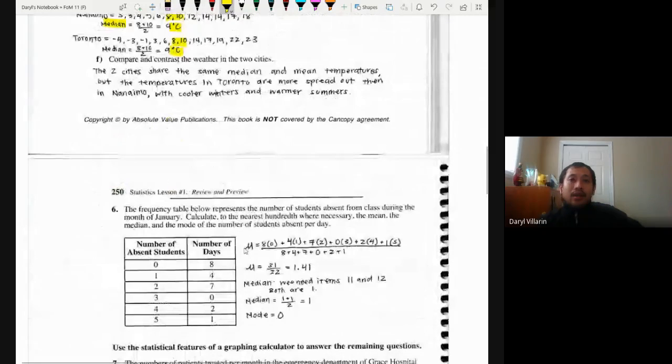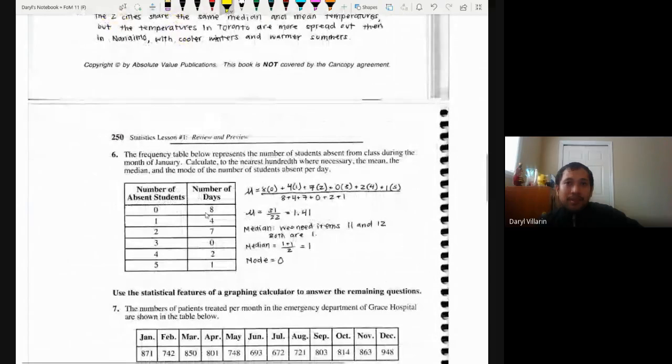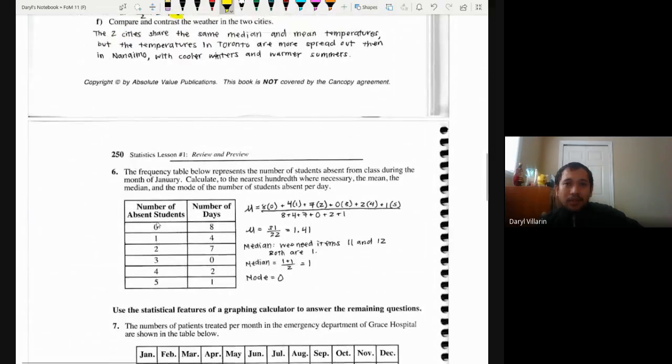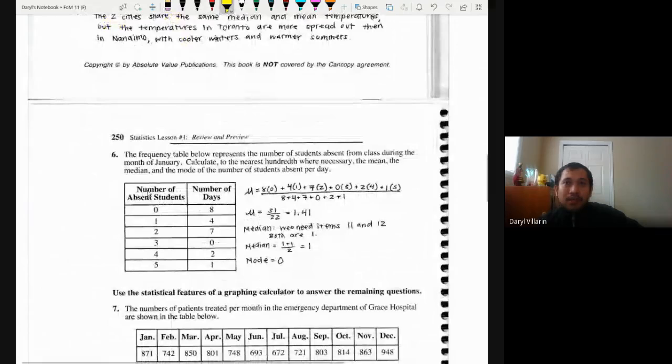And then for number 6, you can think of this one as a frequency table. So this would be your data: the number of absent students, and then the number of days upon which they are absent.